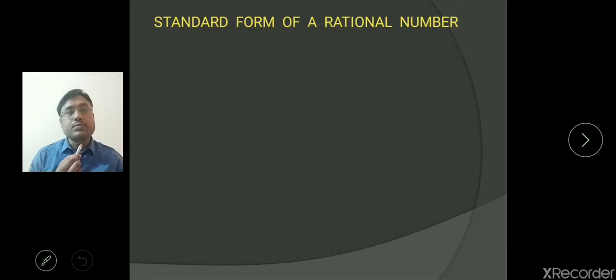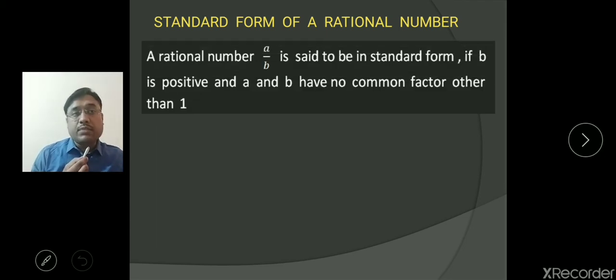Now the standard form of a rational number. What will you say the standard form of a rational number is? A rational number a by b is said to be in standard form if b is positive, means the denominator is positive, and a and b have no common factor other than 1. Then it is a standard form. So the first condition is that the denominator should not be negative.